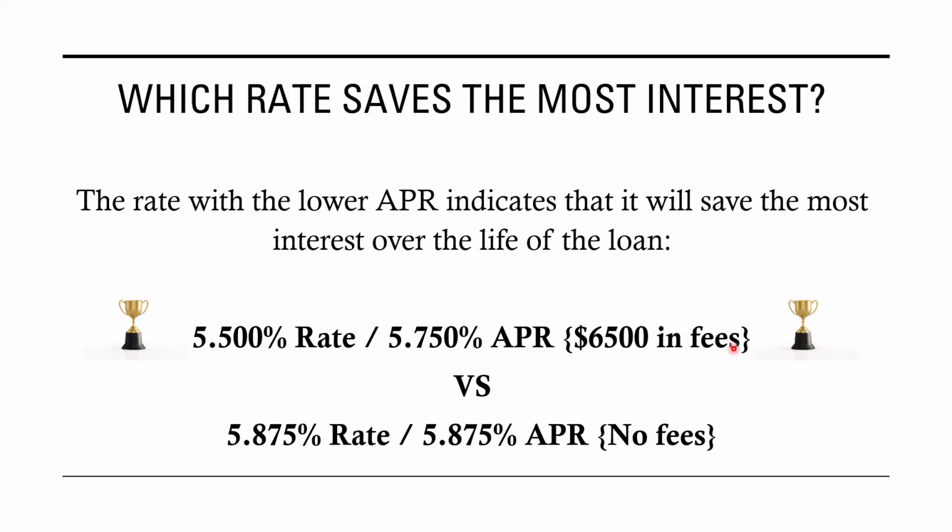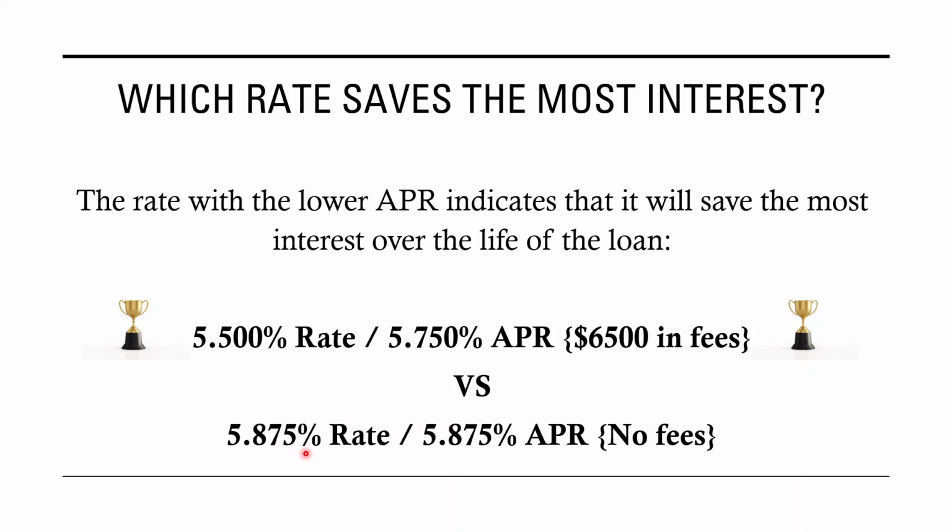Over the life of the loan, the lower APR indicates that this 5.5% rate will save more money than this one. Now, of course, you have to remember, just because this one saves the most money over the life of the loan does not mean it's the best one for your scenario.